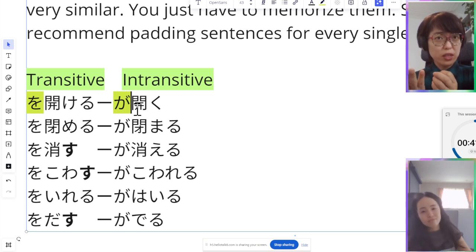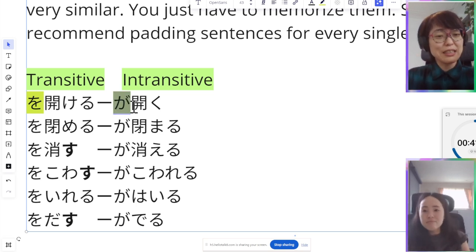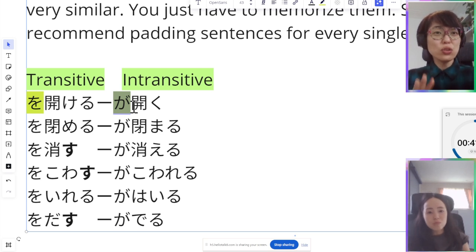So you just have to see ga as a standard, but not 100%. I would say ga usually stands before intransitive, because sometimes other particles pop up and replace it.